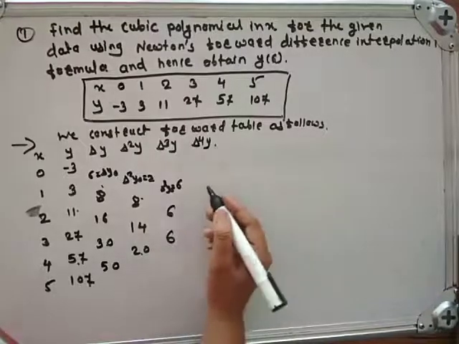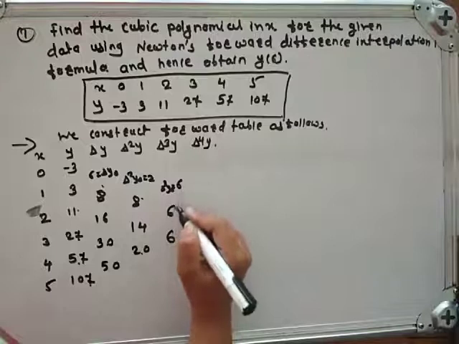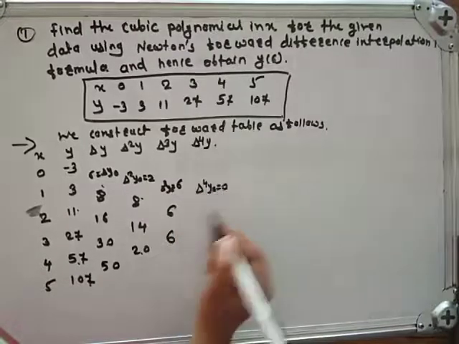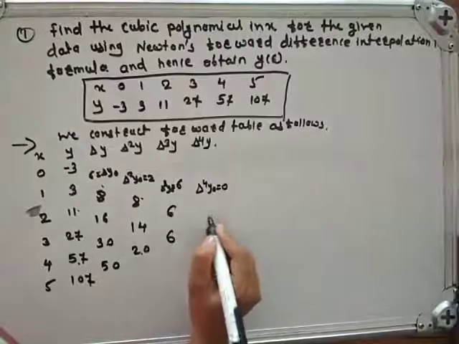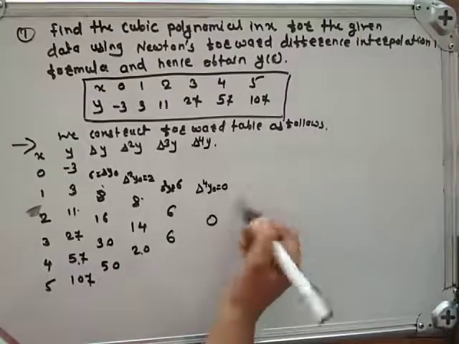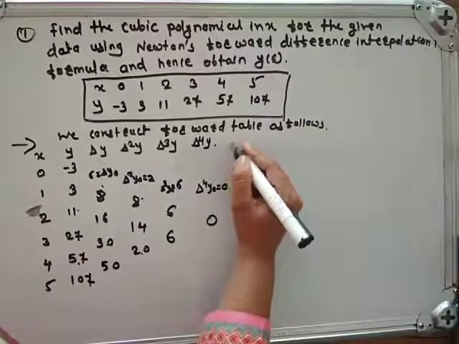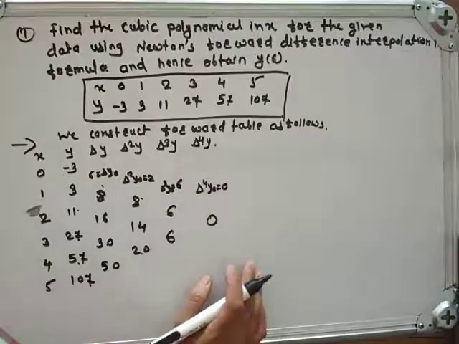Next, 6 minus 6 is 0, so delta raised to 4 y0 is equal to 0. Here we get 0, so no need to calculate the next order forward difference.